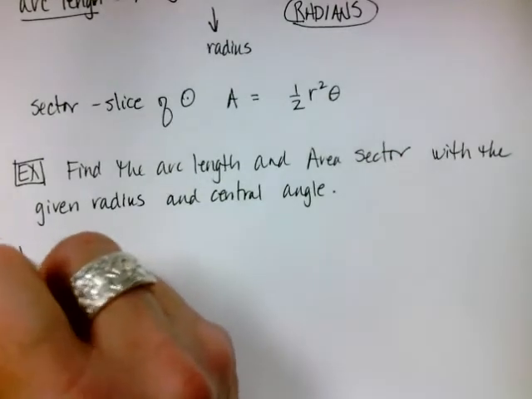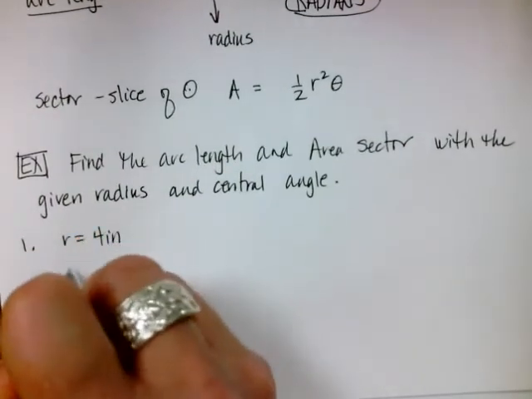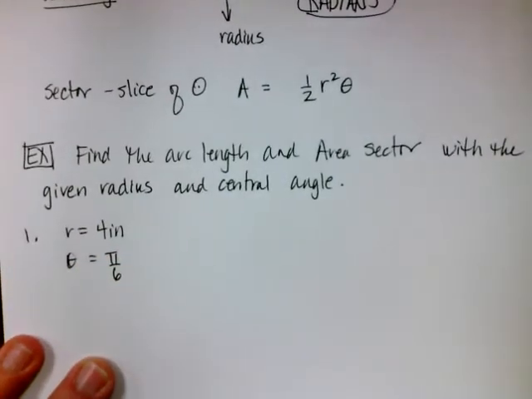Alright, so I'm going to do a couple of different problems. The first one, the radius is going to be 4 inches and theta is going to be pi over 6. Okay, so that's your given information.